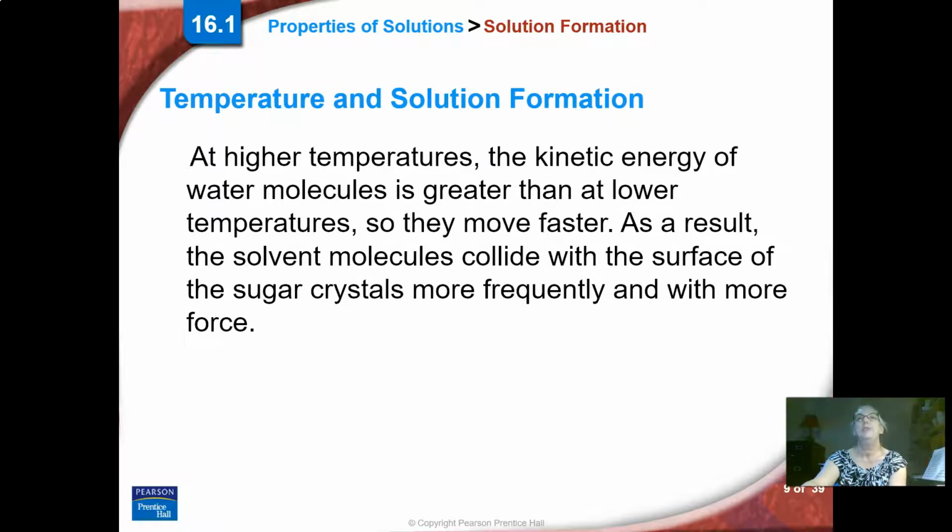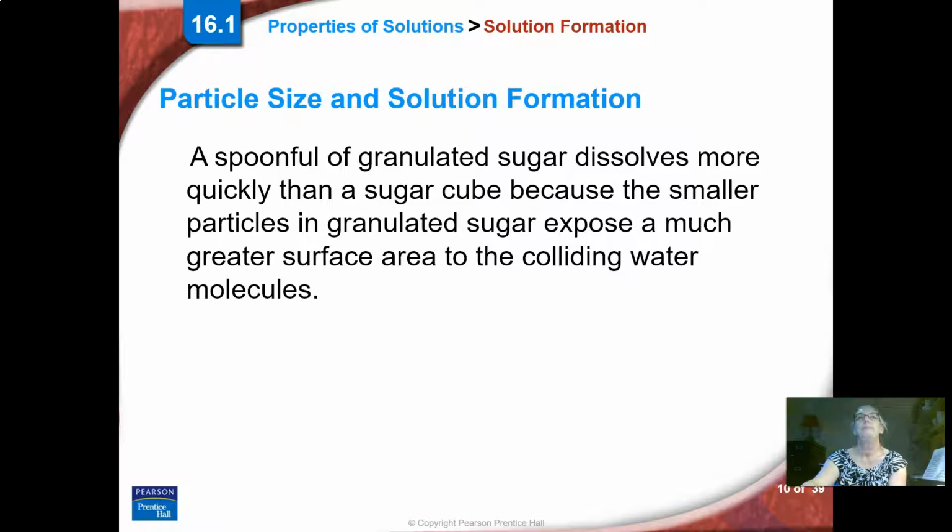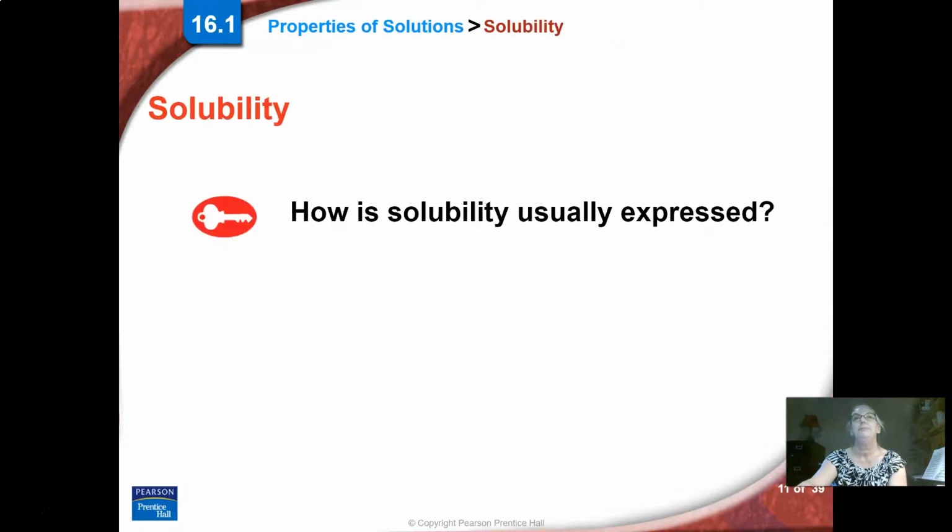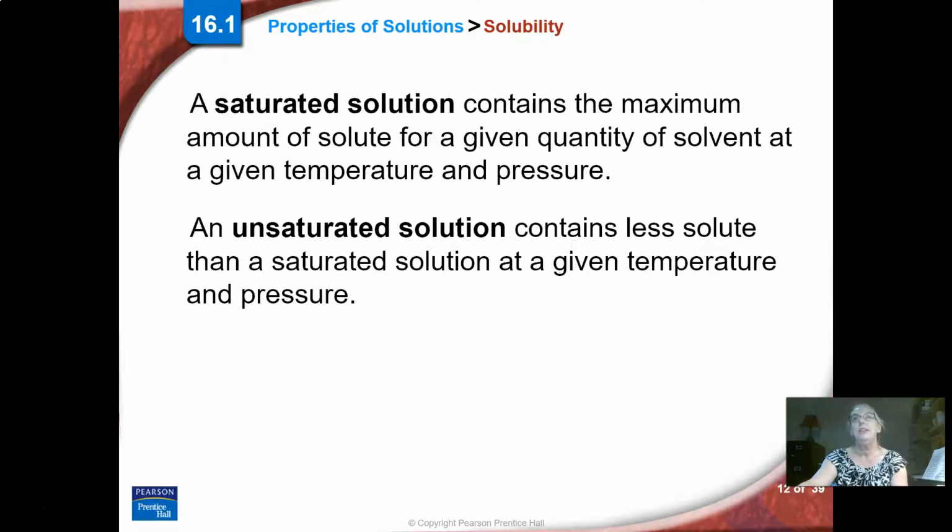The atoms and molecules are moving faster, so they can hit into the solute and dissolve it faster. And also the particle size: smaller particles have a bigger surface area on the outside compared to a big cube. If you break that cube up into small pieces, there's more surface area for the solvent to attack.